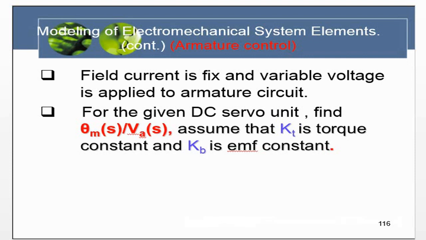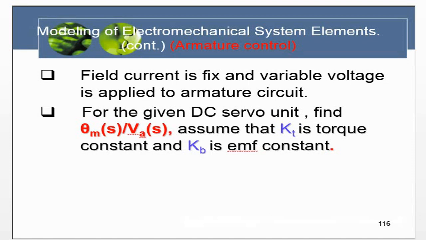For armature control, field current is fixed, and variable voltage is applied to the armature circuit. This is the mechanism. We fix the field current, and we vary the voltage supplied to the armature circuit. For the given DC servo unit, find theta m(s) per Va(s).